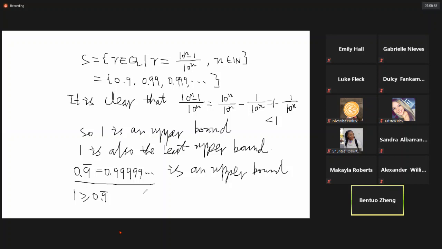So what can we say? Y is the least upper bound, but this 0.9 repeated is also an upper bound, but this then implies actually 0.9 repeated is just equal to what?